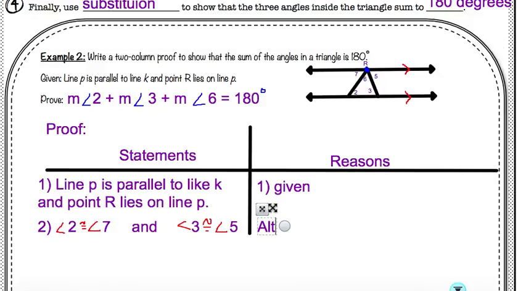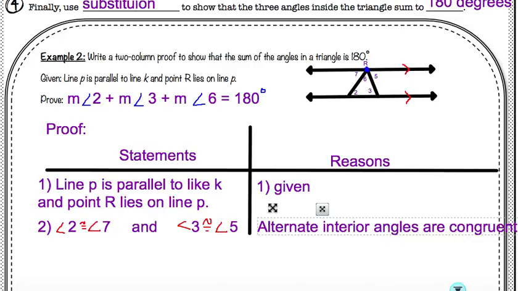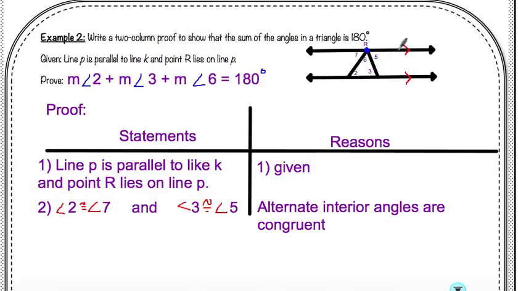Okay, and this is because alternate interior angles are congruent. Okay, so just to make sure we understand, this is the parallel lines, these two. If you pretend that this is a transversal, 7 and 2 are alternate interior. If you pretend that this is a transversal, 3 and 5 are alternate interior.